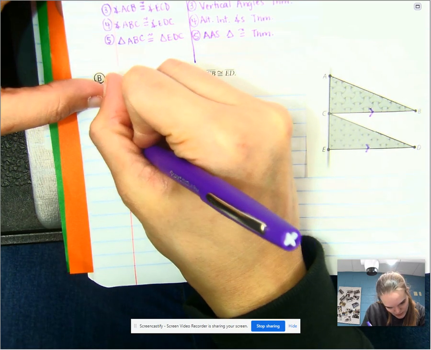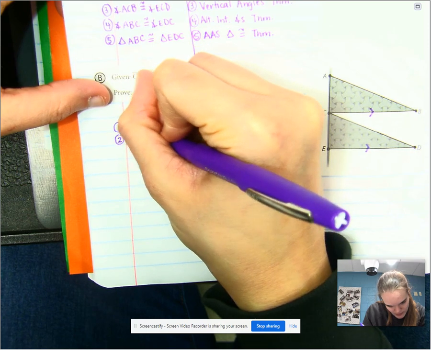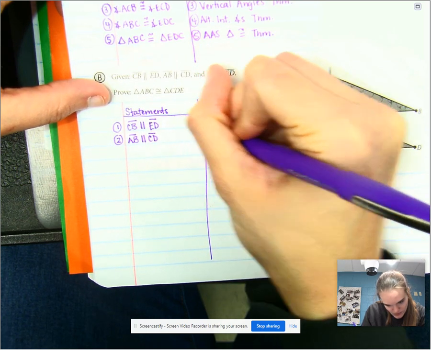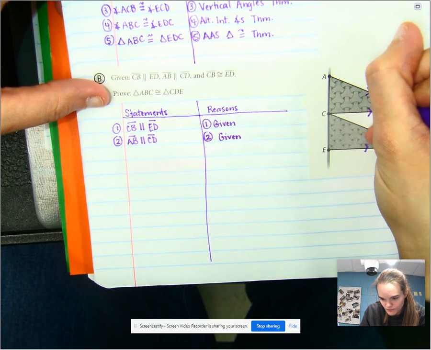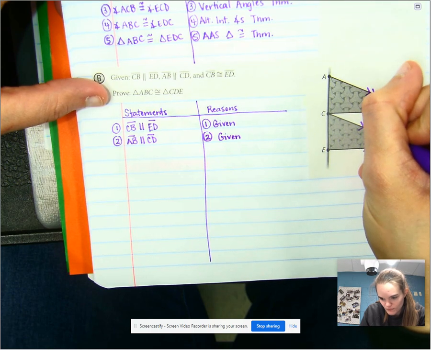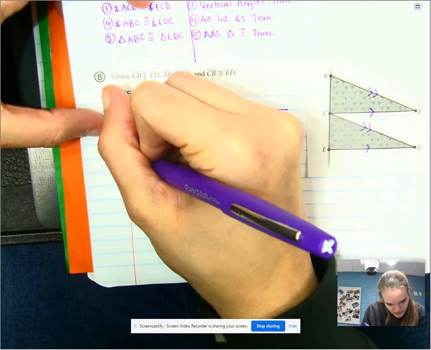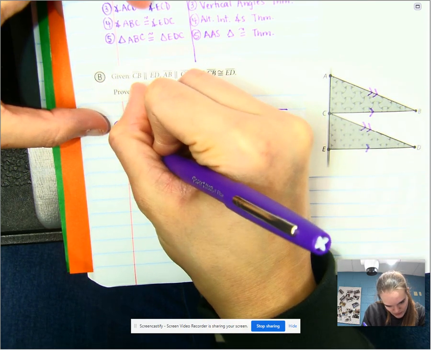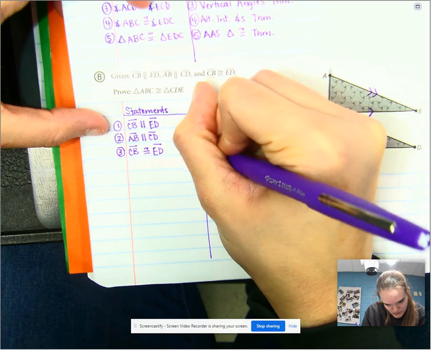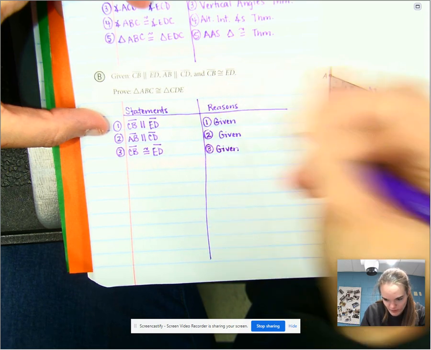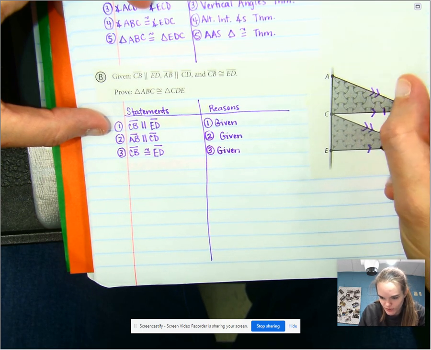We know that AB is parallel to CD. And we know that CB is congruent to ED. So there's our segment, CB and ED. So not only are they parallel, they're also congruent.